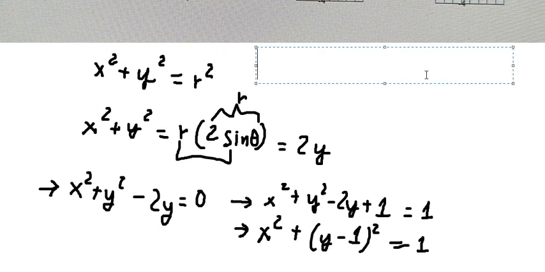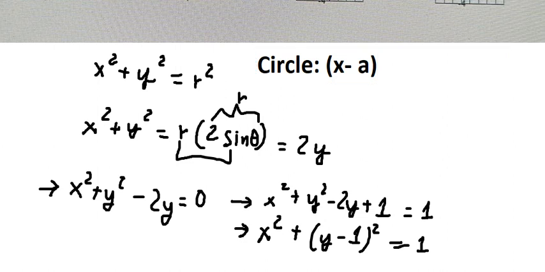So the formula of the circle is x minus a, everything to the power of 2, and y minus b, everything to the power of 2, equals R squared.